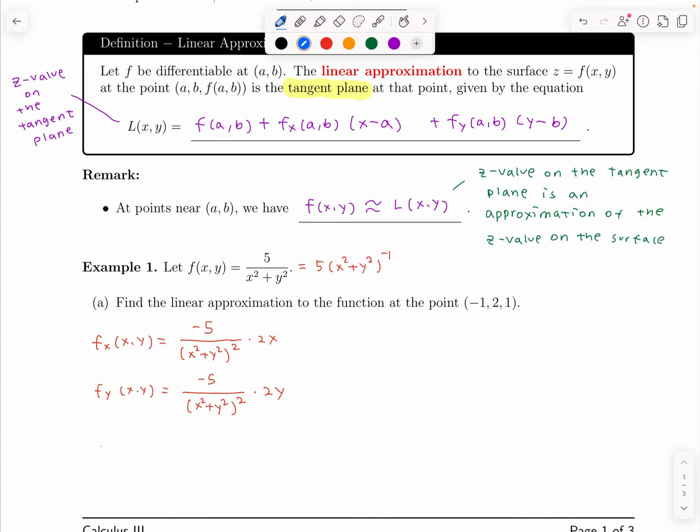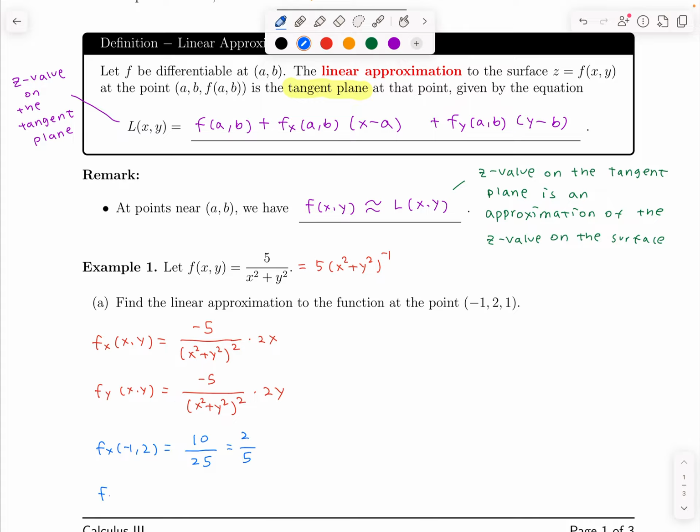So our f sub x at (-1, 2) should be, let's see, what's our denominator? 4 plus 1, 5, 5 squared. So I have a 25, and I have -2 times -5, so that would be a 10. So that would be 2 over 5.